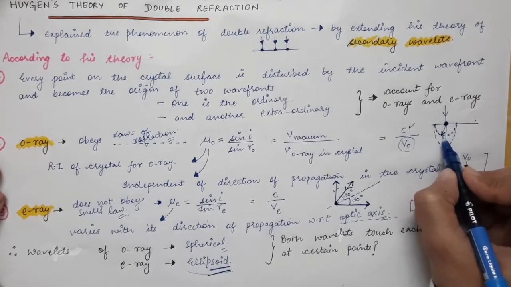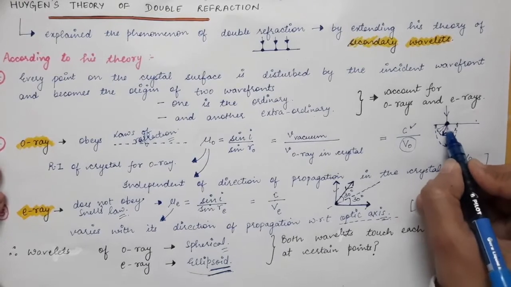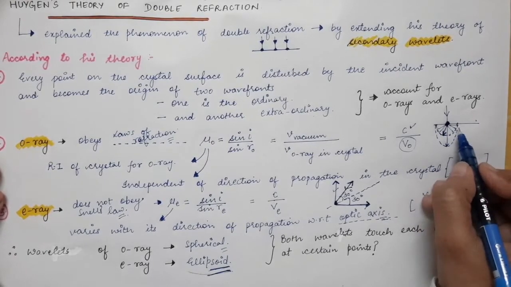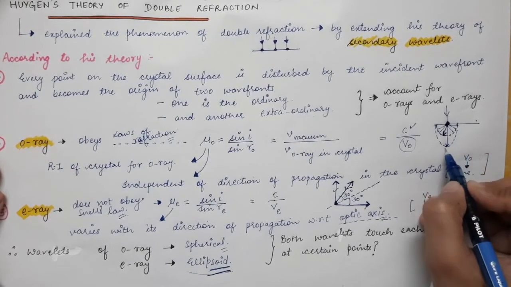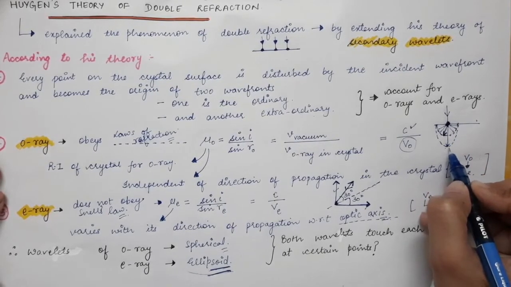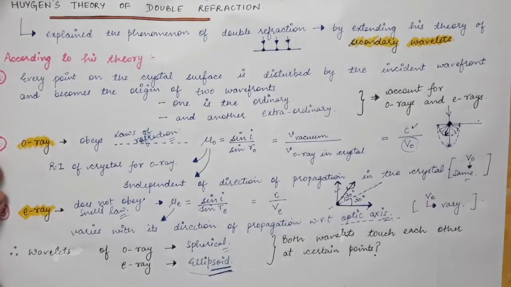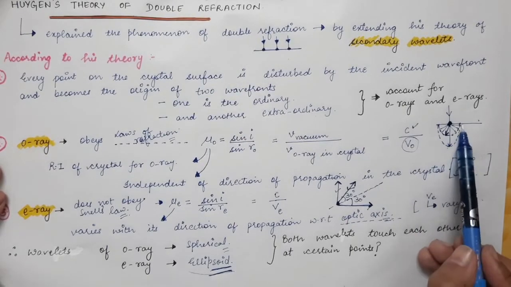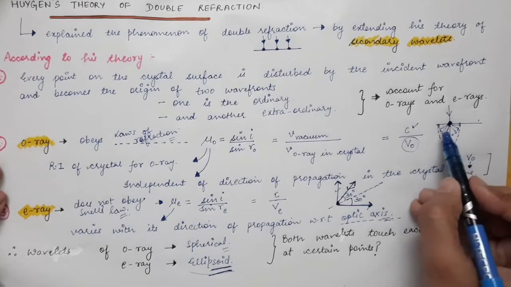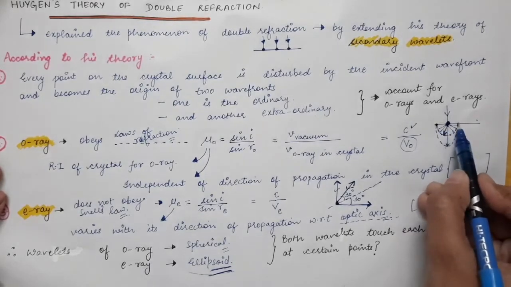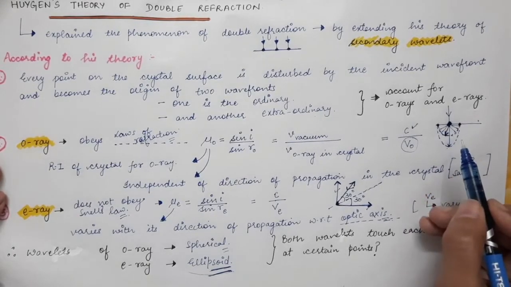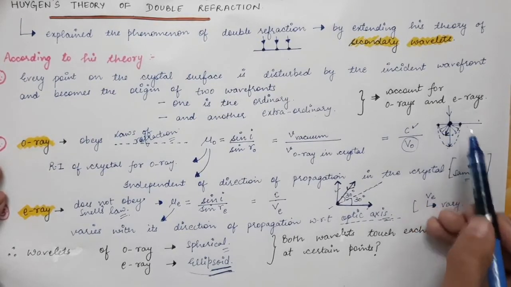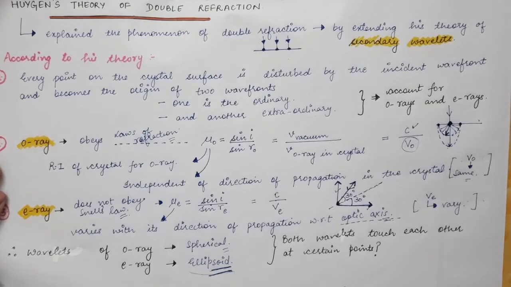From these wavelets you can easily see that the velocity of the O-ray is different from the velocity of the E-ray. We will also see that these two wavelets touch each other at certain points. In this diagram, the two wavelets are touching at these two points. Now we will see at what points these two wavelets touch each other.